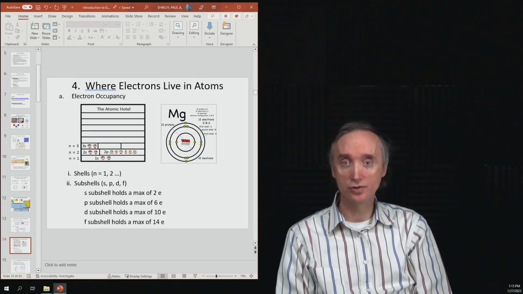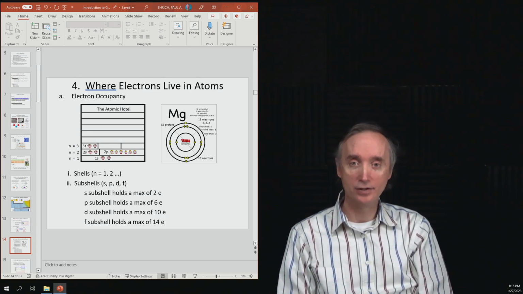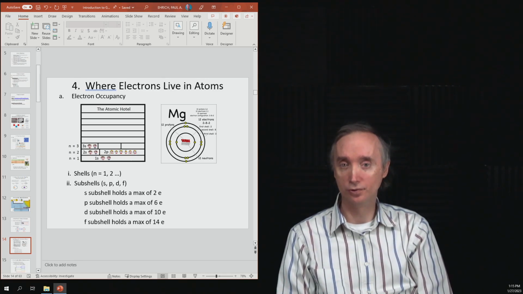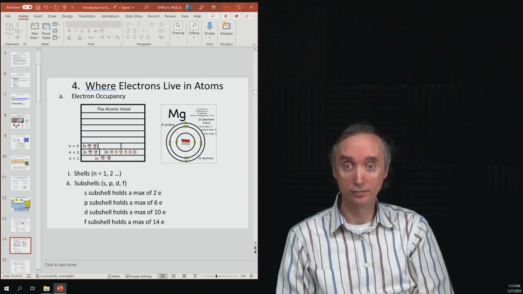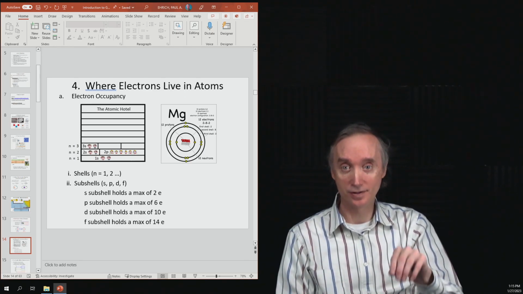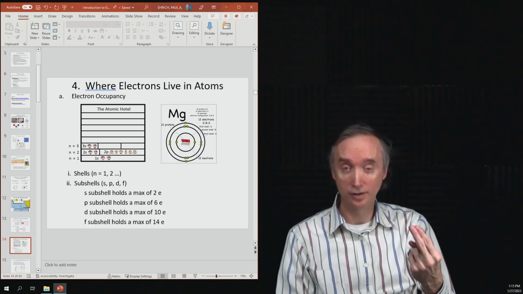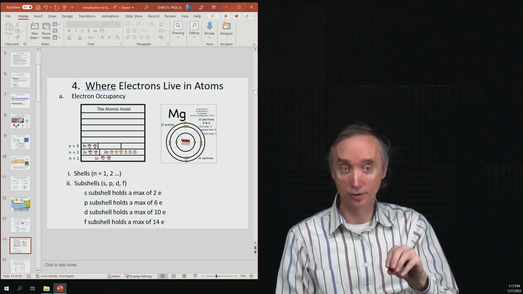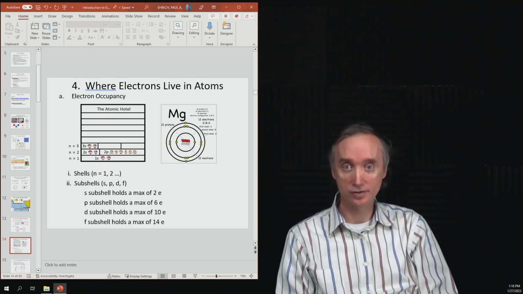Okay, now let's go to the second floor, and you see it's got 2 rooms. Notice that one of those rooms holds 2 electrons, so it's identical to the one on the first floor, so we call it the 2s orbital. It's on the second floor, so it's a 2, and the room is called an s orbital, so it's a 2s.